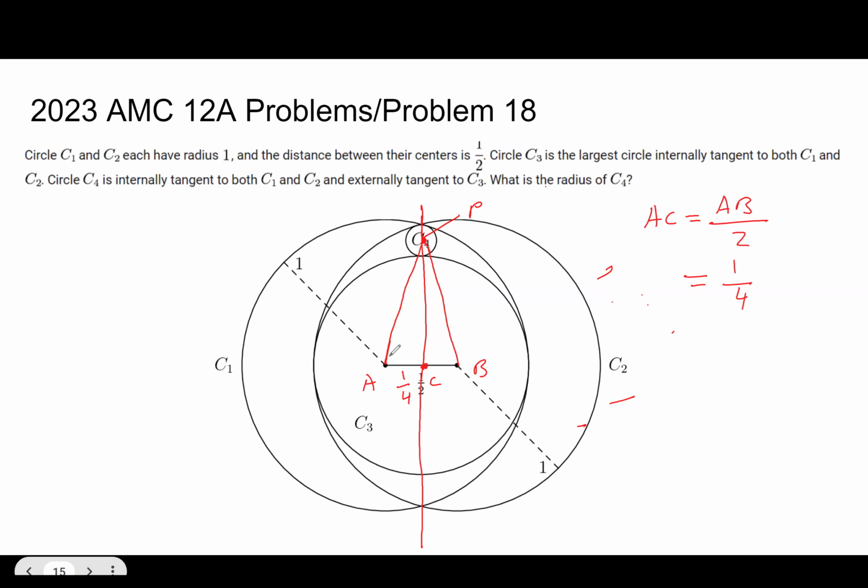Since this is a circle, you know that this longer length here is equal to 1. And I'm just going to give the radius of C4 a variable, so let's just call it radius R. Then we know that PA is equal to the radius of C1, which is 1, minus the radius of C4, right?